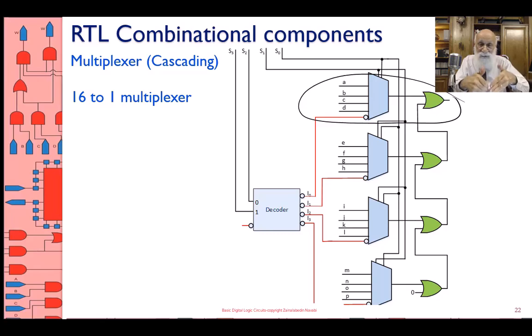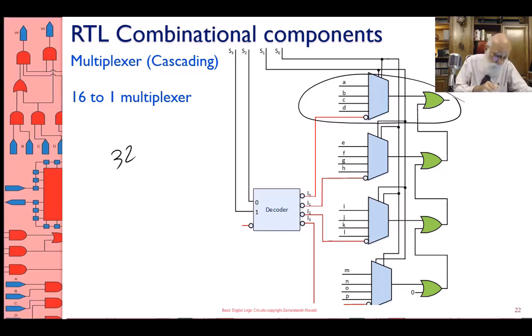I repeat this slice as many times as I want. And then, depending on what size multiplexer I want, I will put a decoder. So here I have 4 of these, and therefore I put a 2 to 4 decoder to select one of these multiplexers.